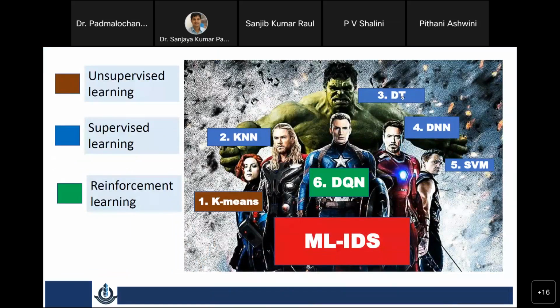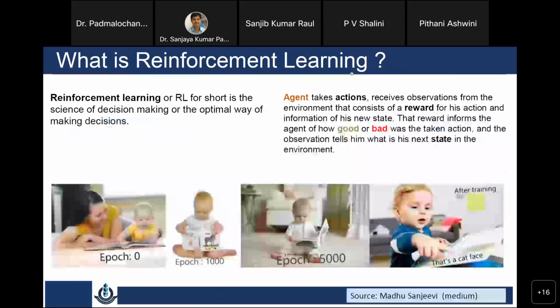Okay. All right. So reinforcement learning, as I mentioned, in general, the agent takes action, it receives observation from the environment, and it calculates the rewards, and these rewards are informed to the agent, and then based on that, the agent changes its state. So the rewarding mechanism is there, and that makes learning faster and accurate as well.